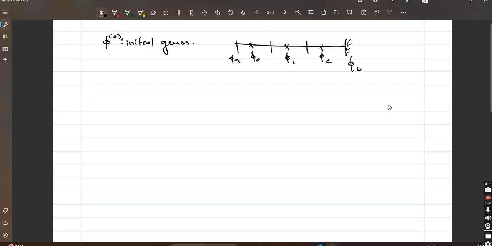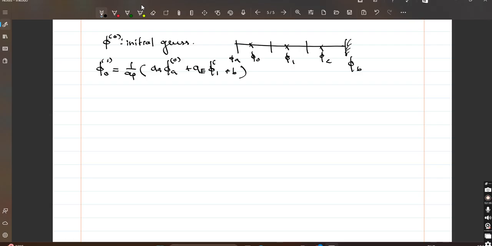From the discretized equation and the algebraic form we can write it like this: phi 0 is equal to 1 by ap times (aw phi a plus ae phi 1), and also a source term, so let me just write it as a constant b. This is for the first step.